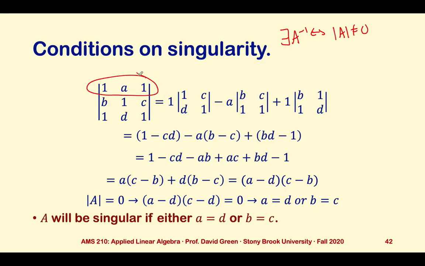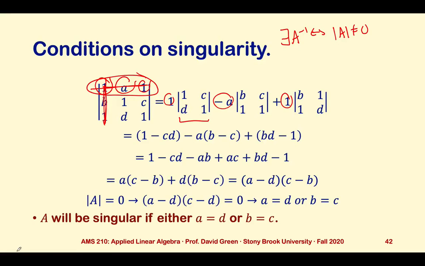Expanding along the first row, we're going to end up with 3 terms that have coefficients of 1, negative A, and 1. And in each case, the matrix that we take the determinant of is found by crossing out the appropriate rows and columns. So this first matrix comes from crossing out the first row and the first column.